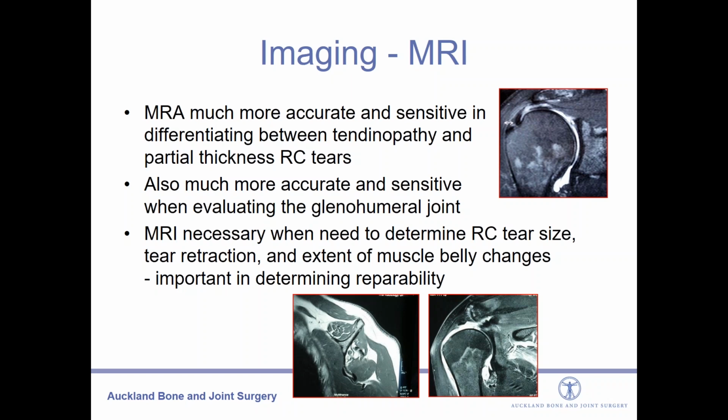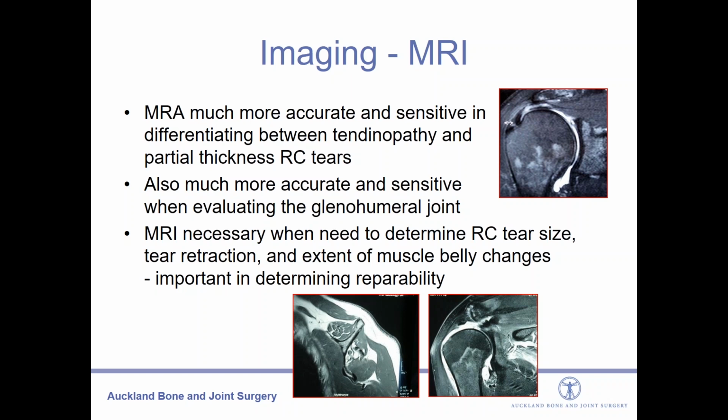A plain MRI for me is when I know there's pathology there, and it's more about getting more information about that pathology, such as a large rotator cuff tear, when I need to know truly how big it is, how much the tendon's retracted, the extent of muscle belly changes, because that's going to be important in determining repairability and what I might do at the time of surgery.